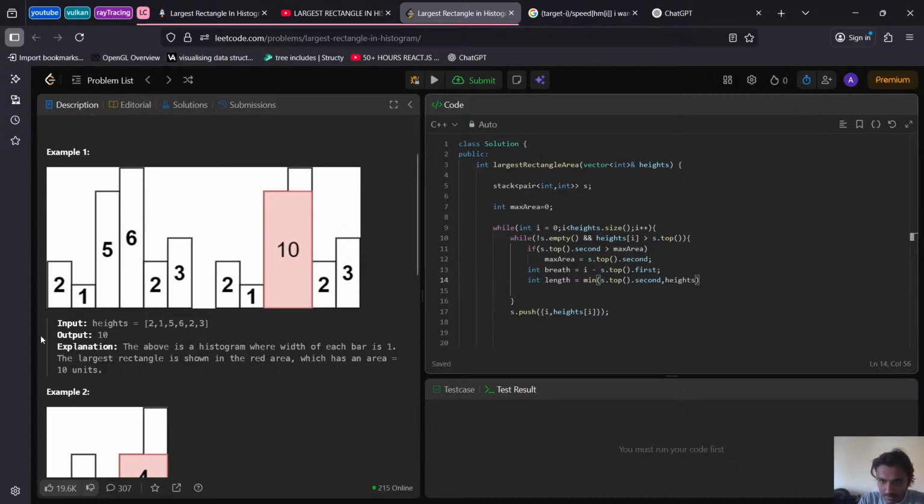We know this one is smaller, so we know that length would be this length.